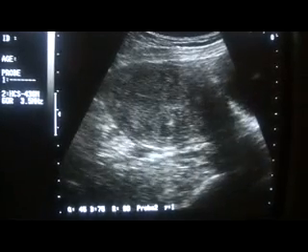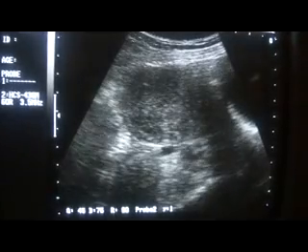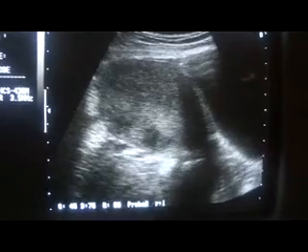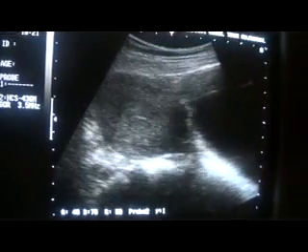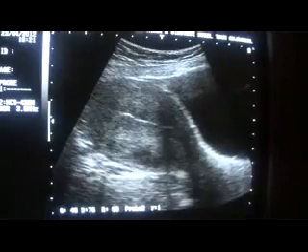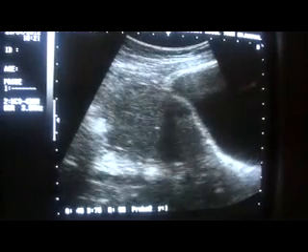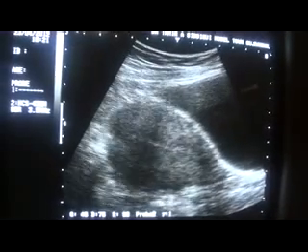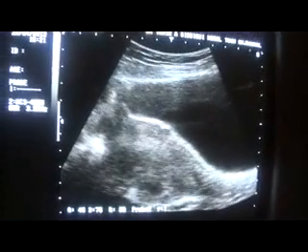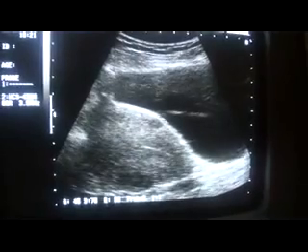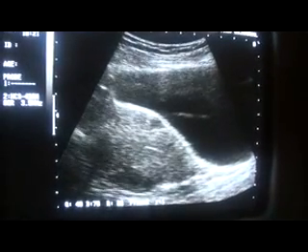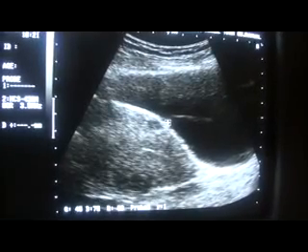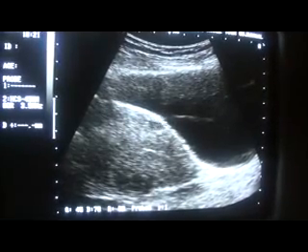Now let's see a magnified view of at least one focal lesion in the posterior wall that we have seen. This is a magnified view, and you can see two very clearly. One is at the anterior part of the uterus, this one, and this one.